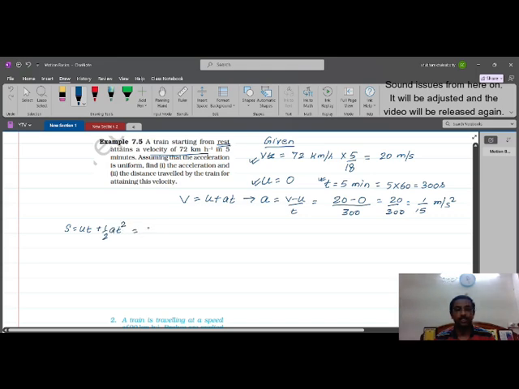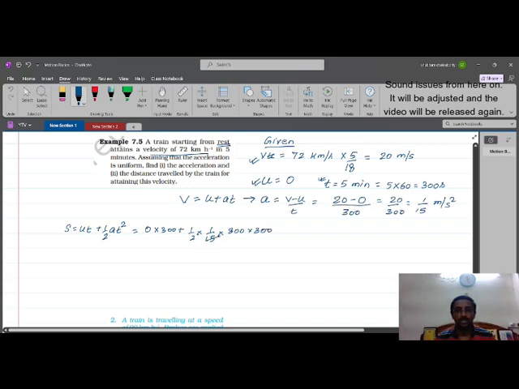So initial velocity is 0 multiplied by t, which is 300 seconds, plus half into a, we just found out the acceleration, which is 1 upon 15, multiplied by t square, which is 300 times 300.